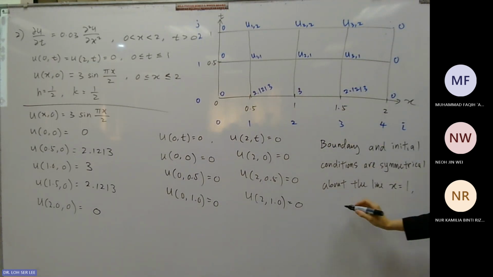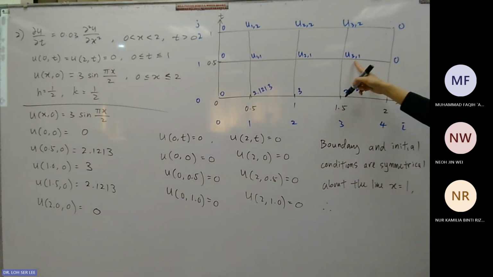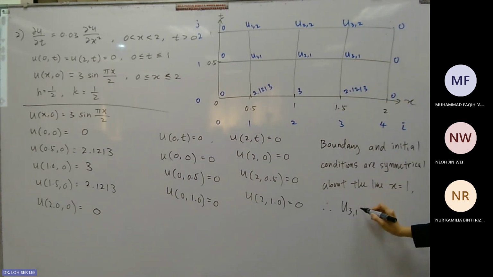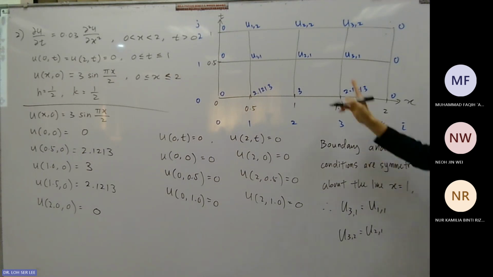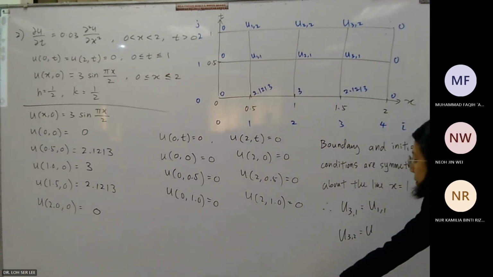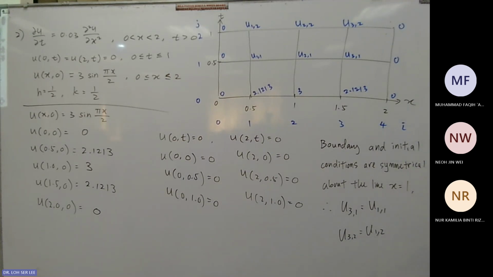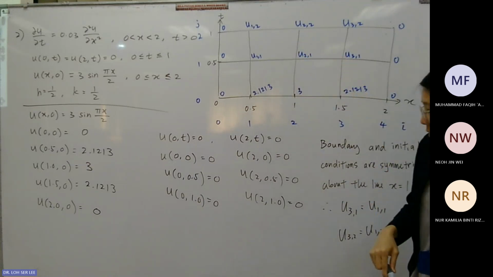Okay. That means your U31 equals to U11, and your U32 equals to U12. So how many internal points do you need to find from the formula? 4. 1, 2, 3, 4.